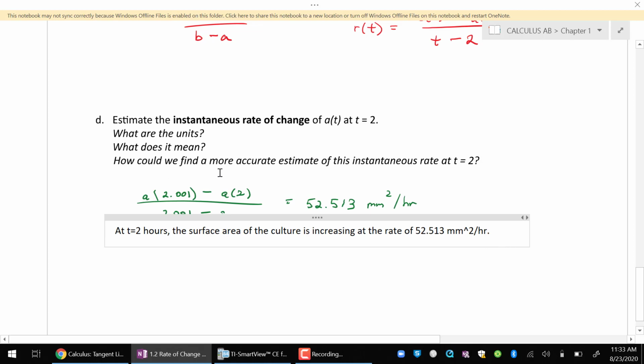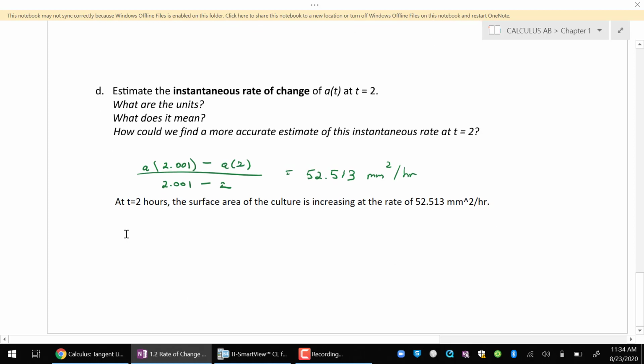And then lastly, how do we find a more accurate estimate of this instantaneous rate? Well, let's just get closer to the number 2. Instead of 2.001, what if we went to 2.000001 and then computed that average rate difference quotient? That would get me a number that is even closer and better.